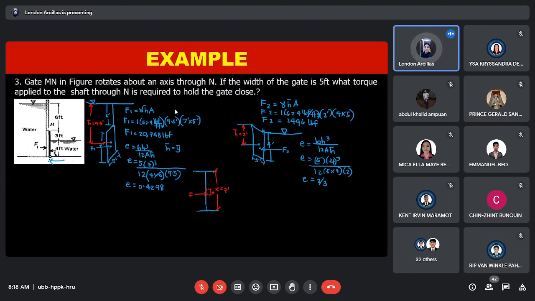So H bar natin, magte-take tayo ng moment at point N. So kukunin lang natin yung shaft torque or the moment at N. So from point N, the value of F here is, since this is 7 over 2 CG, 7 over 2, 3.5.